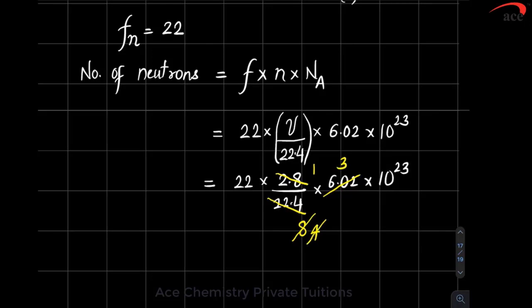If you simplify further, then accordingly you will get the numbers. So approximately it is 5.5 multiplied by 3 into 10 to the power 23. This many number of neutrons will be present.